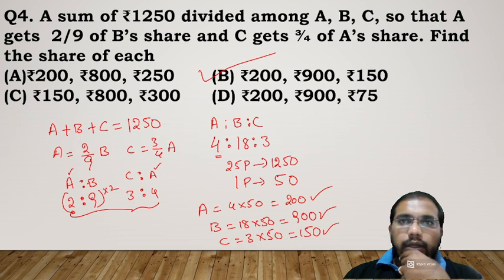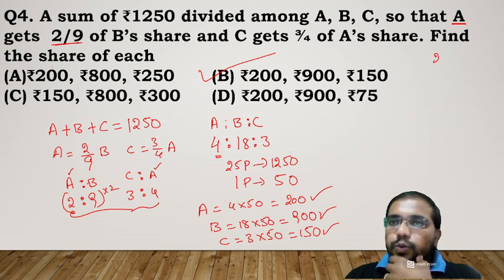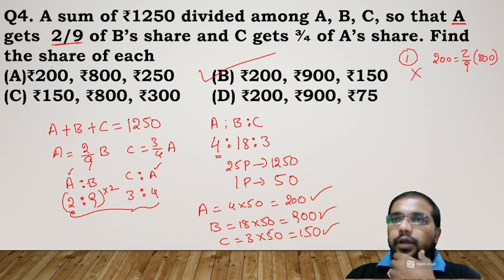Here A share is compulsorily how many times B share? 2 by 9 times of B share. So this 200 should be equal to 2 by 9 times of 800. Is that possible? That is the first option I am checking. Not possible, right? Come to the second option.